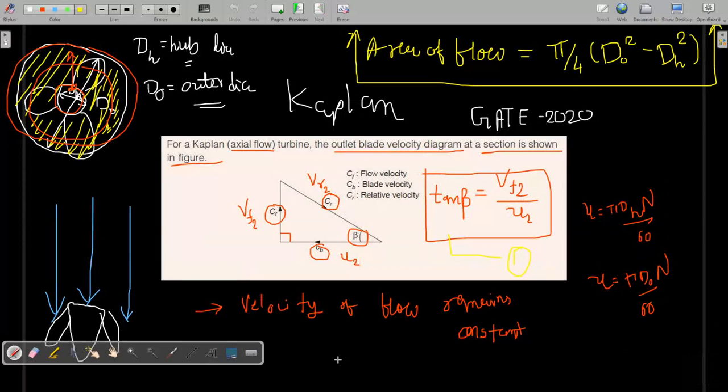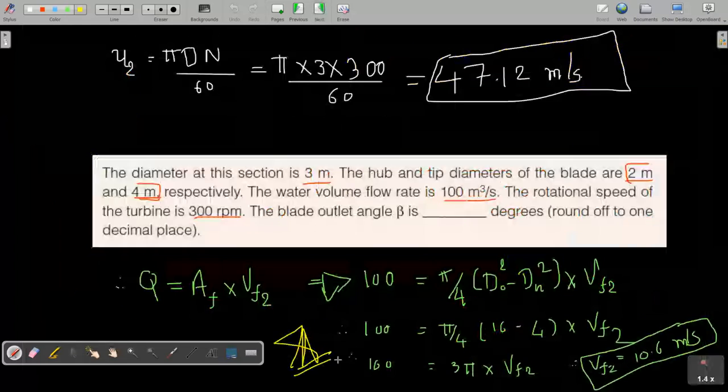Now we have both the values, vf2 and u2, so just put them in equation 1. So we have tan beta 2 is equal to vf2 by u2. What is vf2?